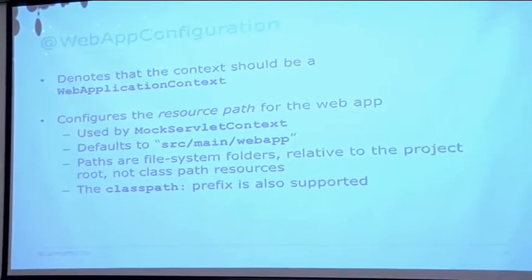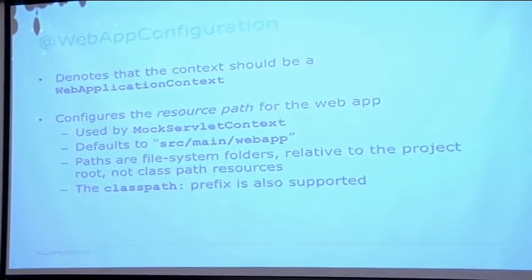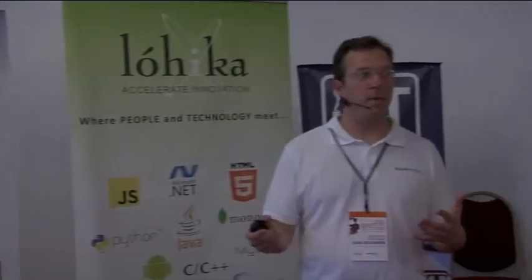This will be used in the background by Spring's mock servlet context, and the path defaults to src/main/webapp. If anyone's used Maven before and built a web application with the Maven archetype for web apps, you'd be familiar with this path. This src/main/webapp lies alongside src/main/java and src/main/resources. It should be the path to your web application, to the root of your war file, for example.